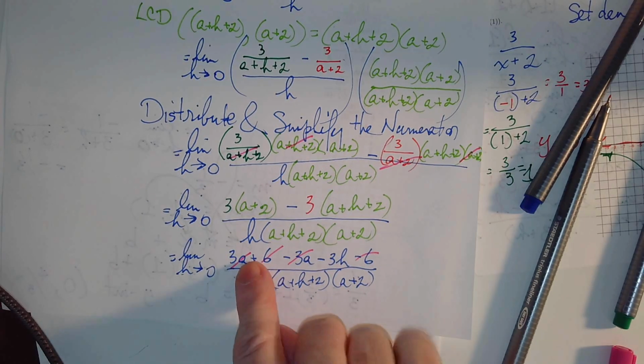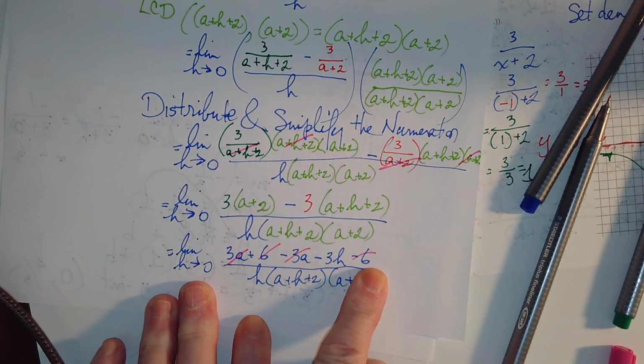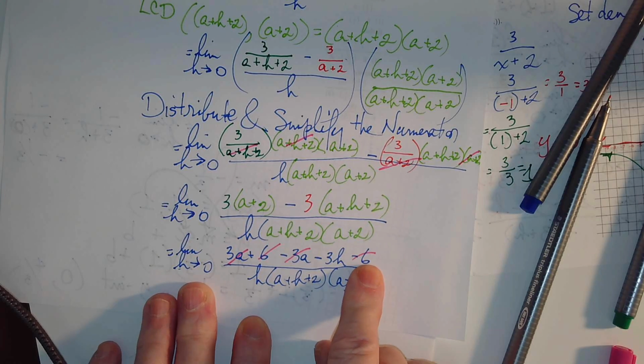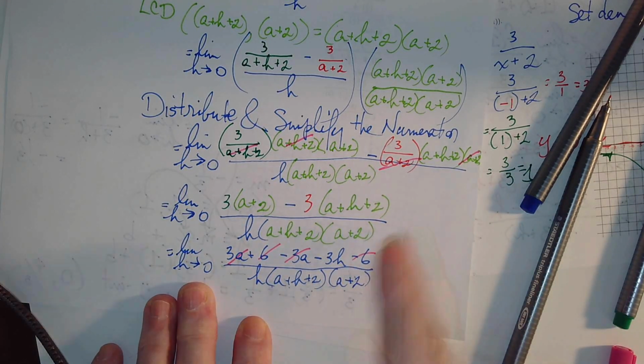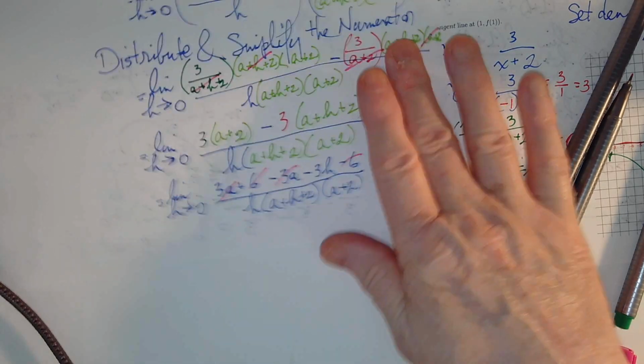Please, it's not good mathematics to simplify by adding and subtracting like terms and dividing out terms between numerator and denominator in the same step. So we have to do those in separate steps.